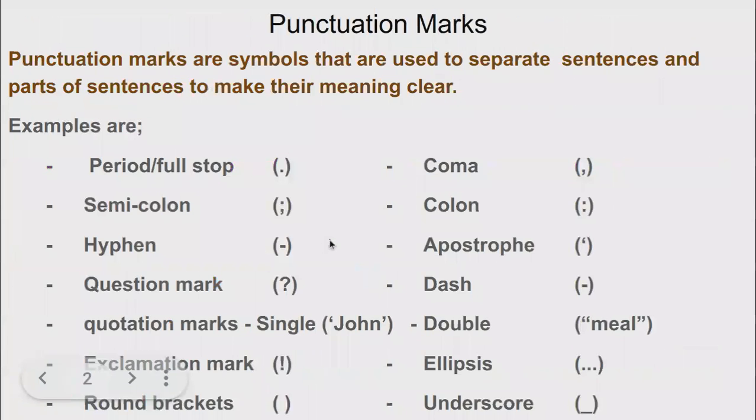Right. So you may need to just refresh your mind and your thoughts on the various types of punctuation marks. We're going to do part of this in class, and then we're going to do the remainder over the weekend at your convenience.